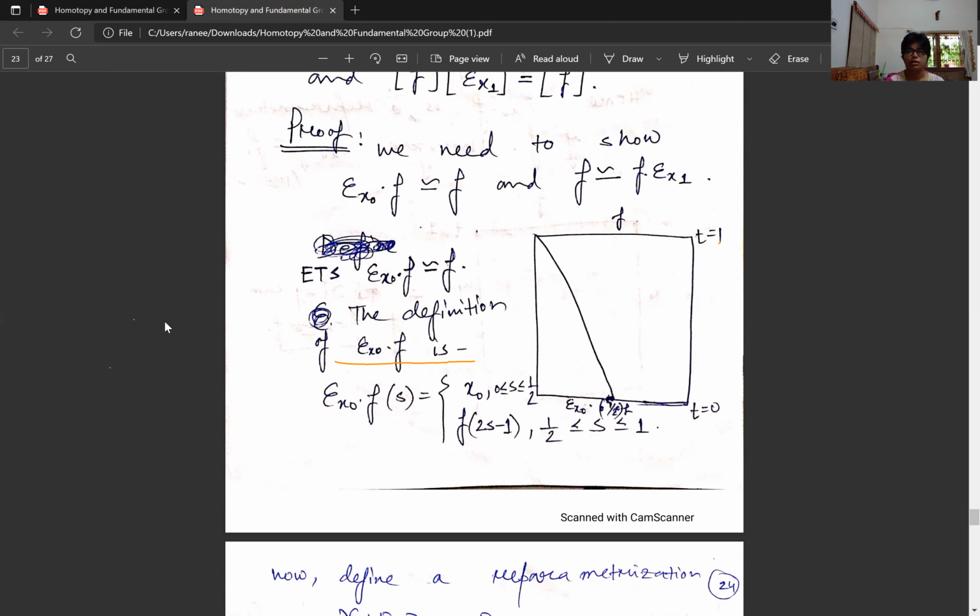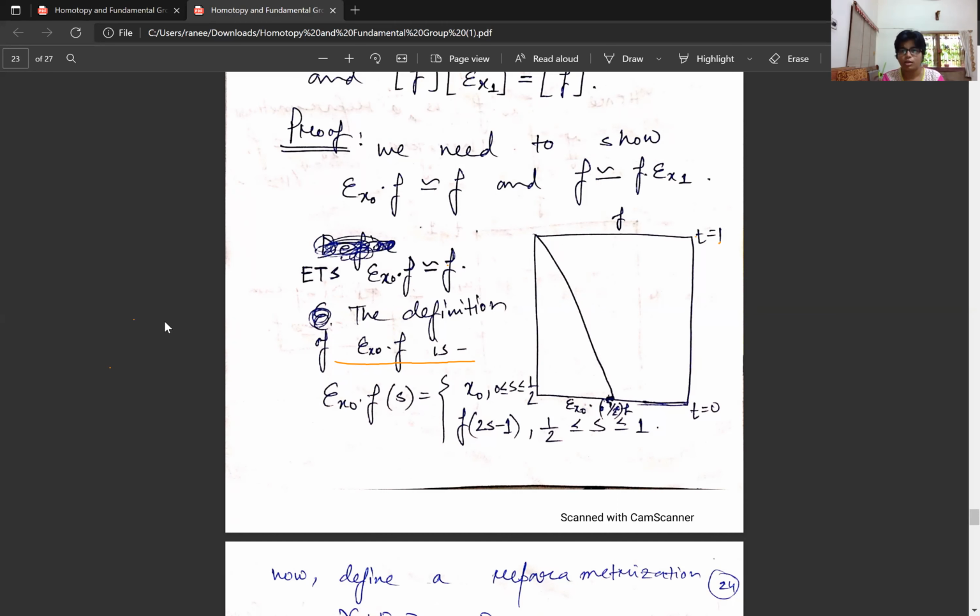So I need to deform this path in such a way that I reach f. f means a path which just starts from x naught and ends at x1 without sitting at x naught for a second. So what is the intuition behind it? Over the deformation, at the first stage, I'm sitting on x naught for half of the time.